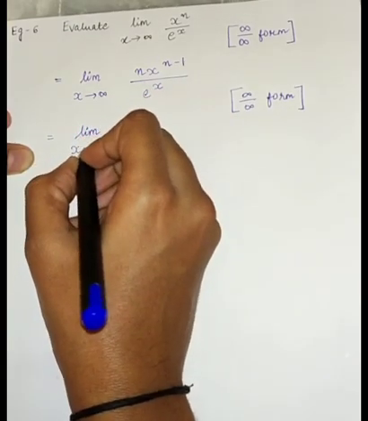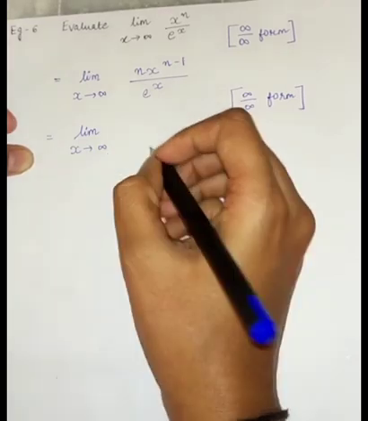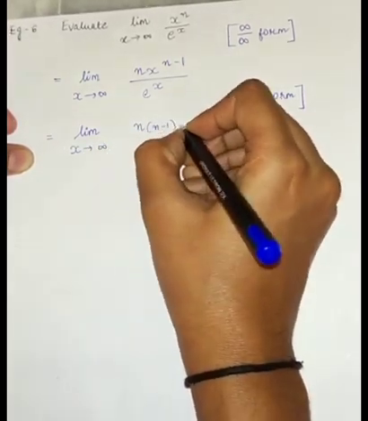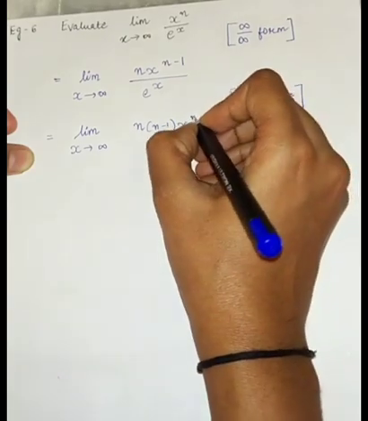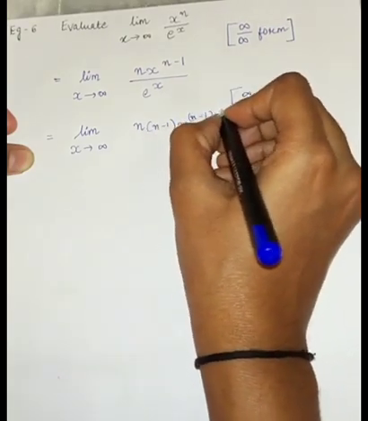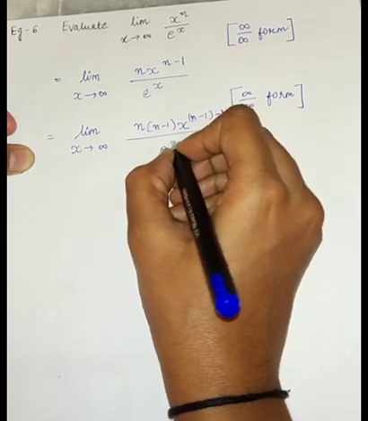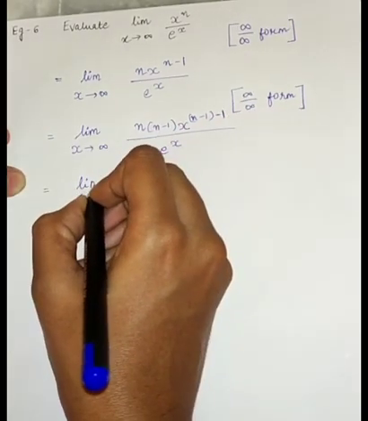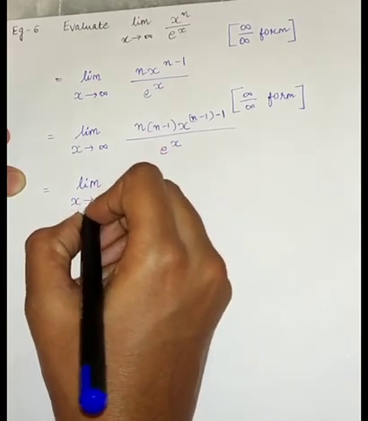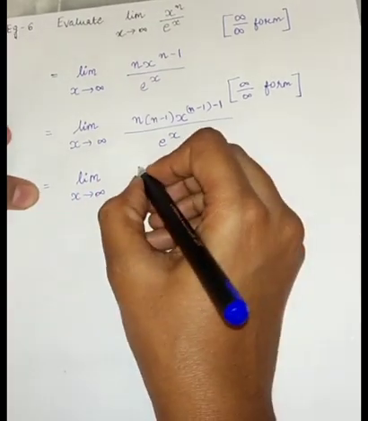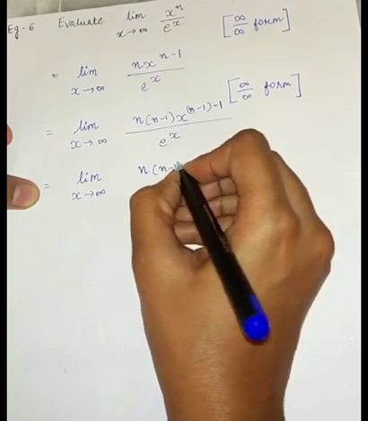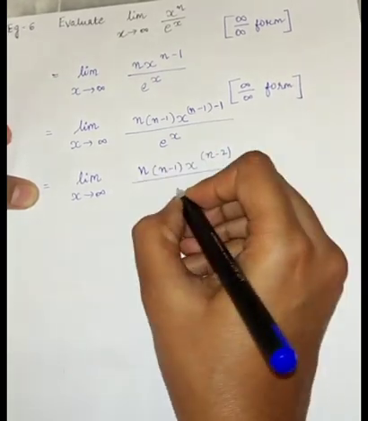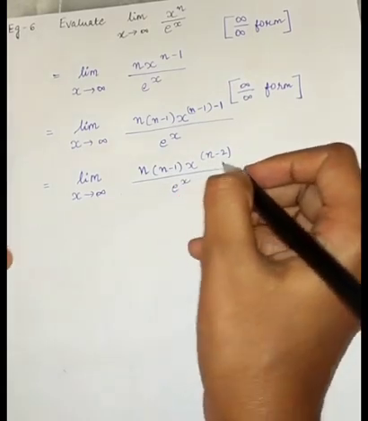So limit x tends to infinity is equal to n into n minus 1 upon x raised to n minus 1 minus 1 upon e raised to x. So we can rewrite this equation as limit x tends to infinity n into n minus 1, x raised to n minus 2 upon e raised to x.